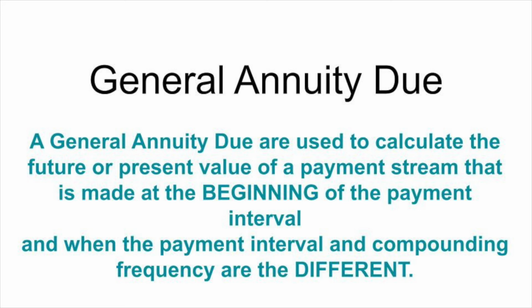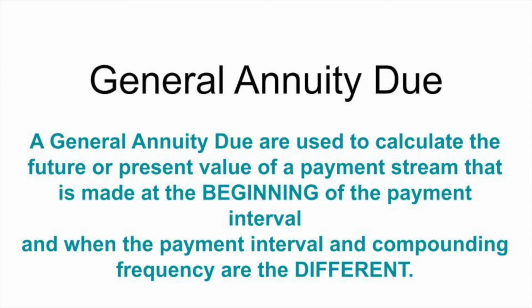We also have general annuity due. Now, keep in mind, we learned last time that the general annuity is really looking at an annuity in which the payment interval and the compounding frequency are different. So we need to be able to define what exactly is a general annuity. We're looking for that different payment interval and different compounding frequency.